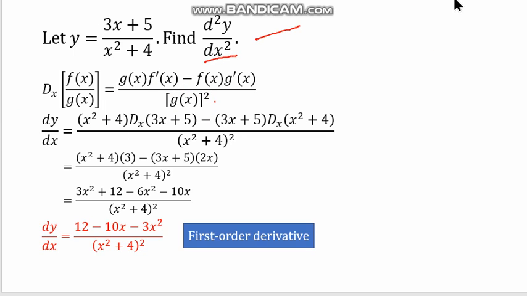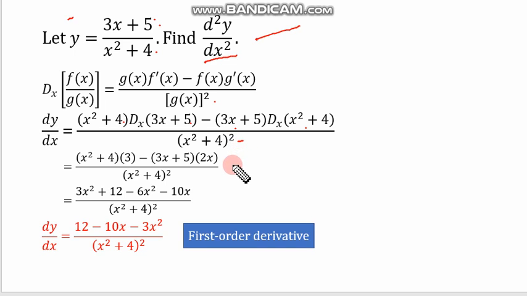Now, if we're going to solve with the given function here, dy/dx is equal to x squared plus 4, the denominator, times the derivative of 3x plus 5, the numerator, minus the original numerator, 3x plus 5, times the derivative of the denominator, which is the derivative of x squared plus 4, all over the denominator, x squared plus 4 quantity squared.